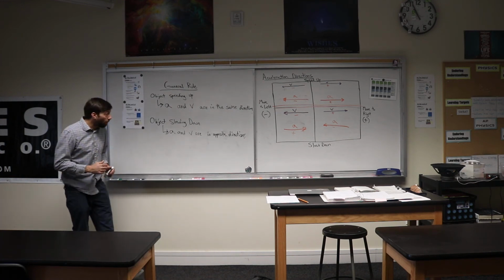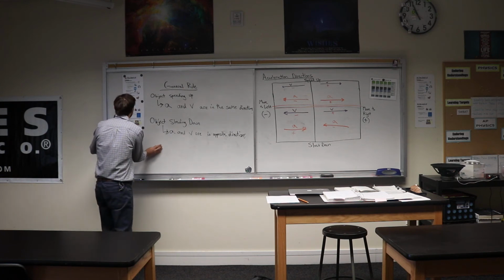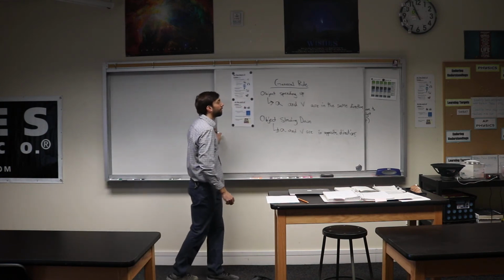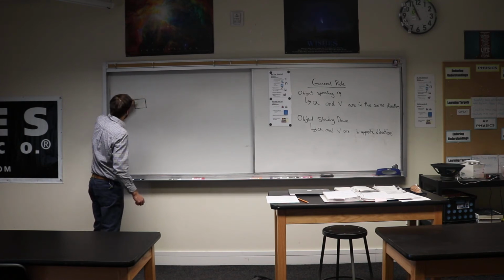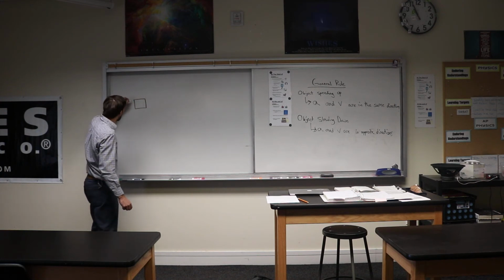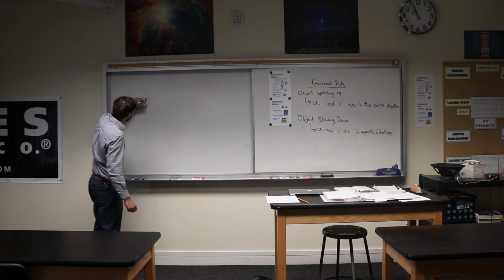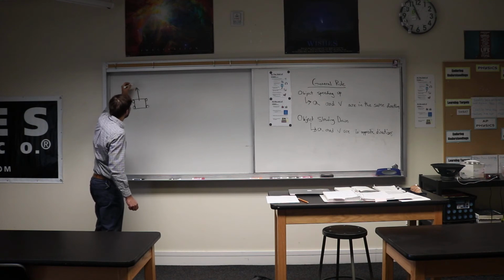So, for example, I'm going to slide this over here. Say we have a car. This is my car. It's a really horrible car. There's some wheels, and it is moving this way.